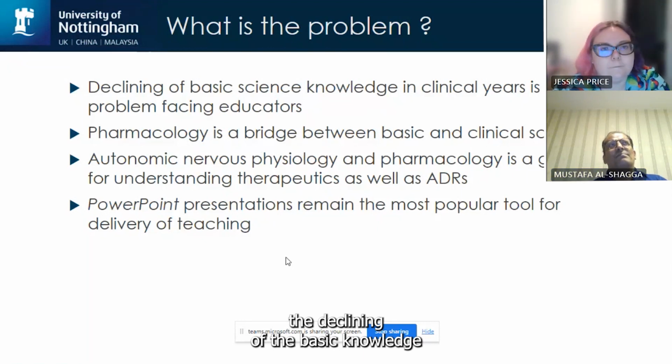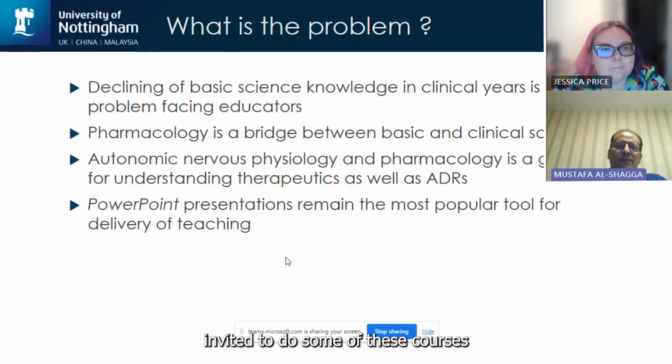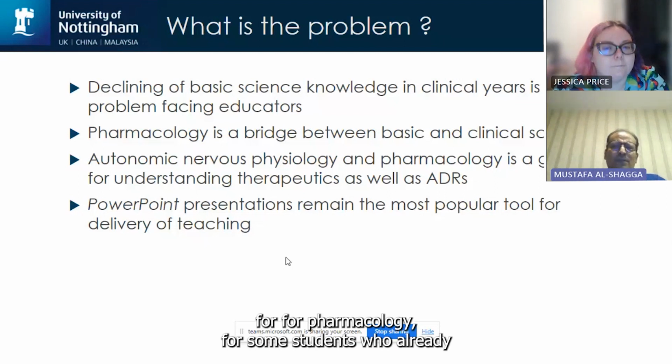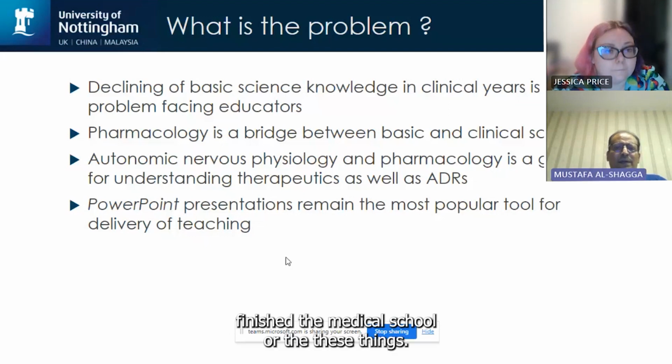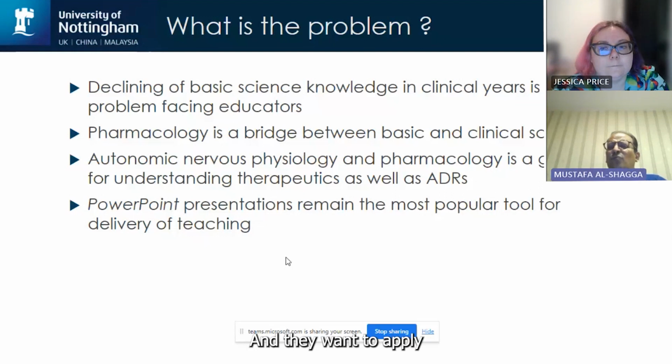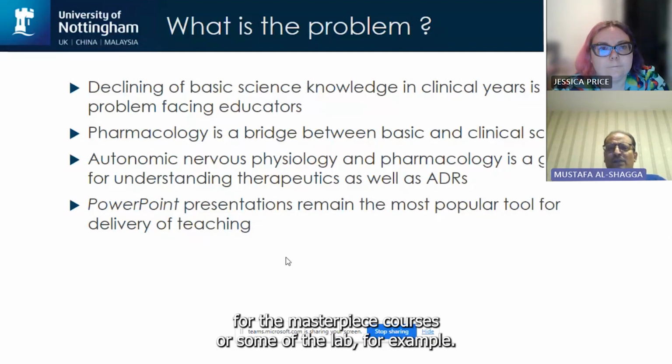I've been invited to do some of these pharmacology courses for students who have already finished medical school and want to apply for the MRCP courses or the PLAB, for example.